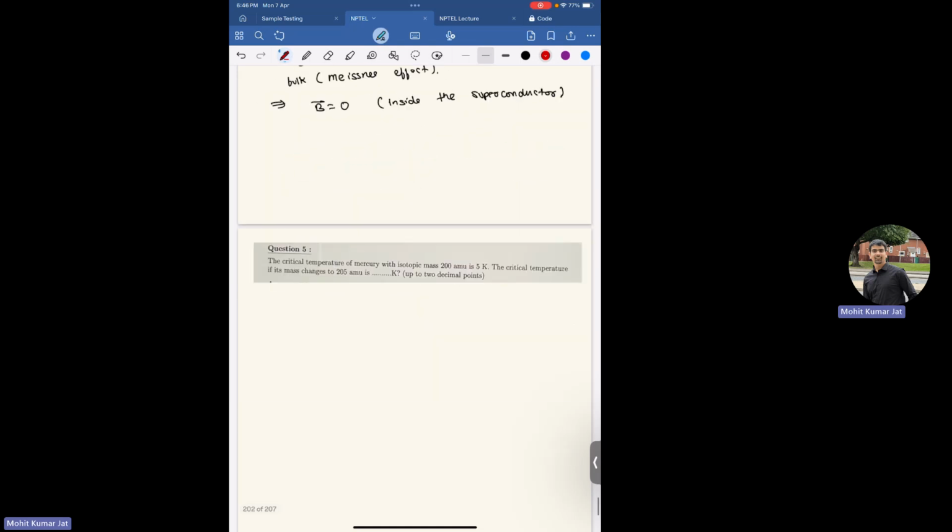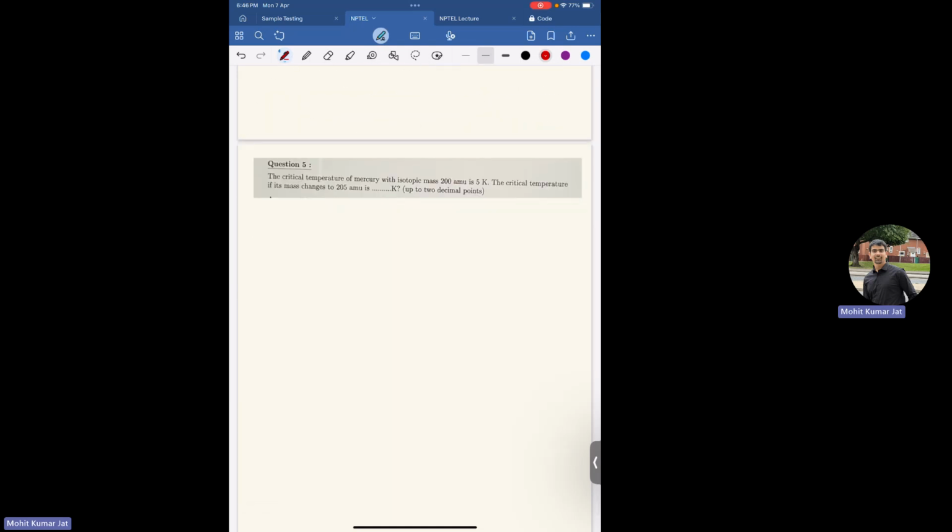Now moving on to the next problem, which says the critical temperature of mercury with isotope mass 200 is 5 Kelvin. The critical temperature if its mass changes to 205. This is an easy problem to solve.